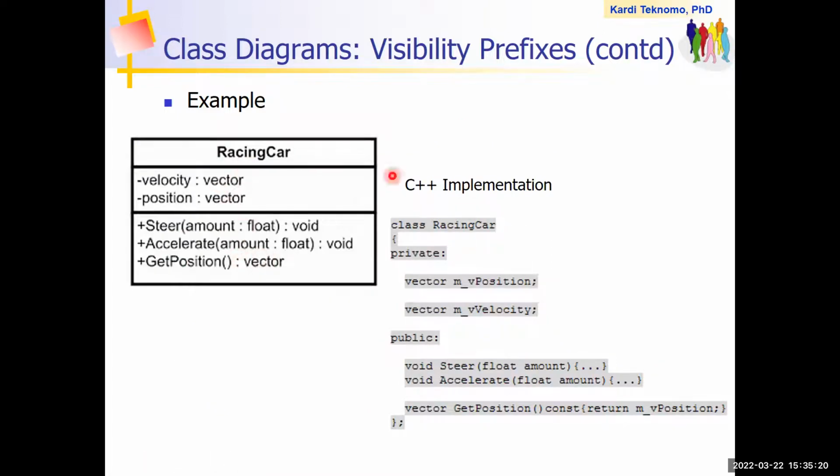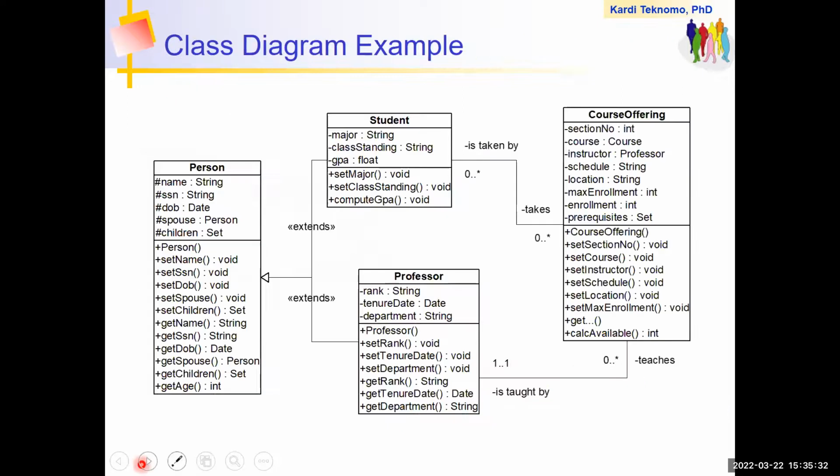This is an example, and this is the implementation in C. So you see the class, and then private. And this is the data type, right? This is another example. So later on, a class can inherit another class, right?